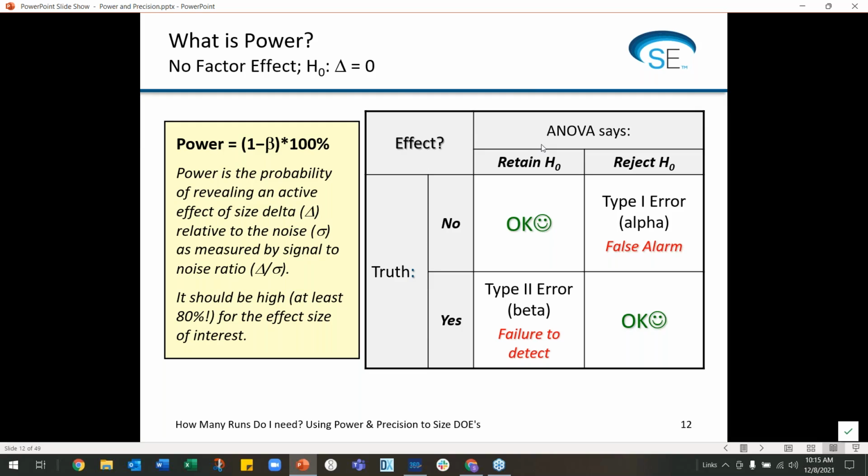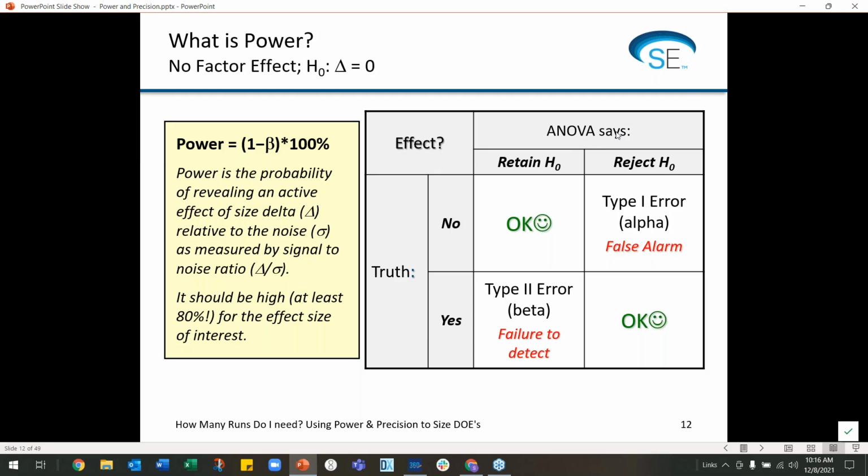Well, let's look at this truth table. You have some population of data. That population of data contains the truth. Either there are effects, yes, or there are no effects, no. Now, when we run our designed experiment, we take a sampling from that big population, and we run the ANOVA on this sample.